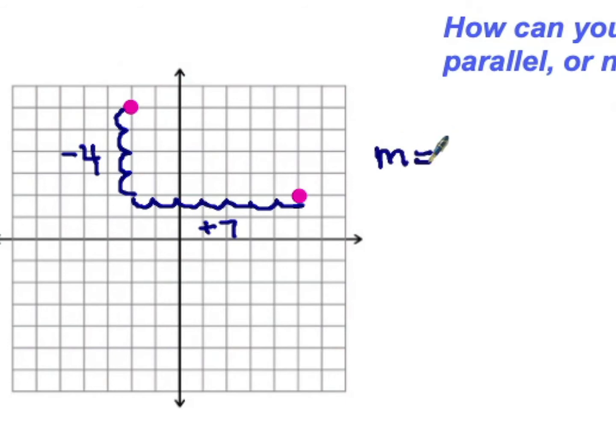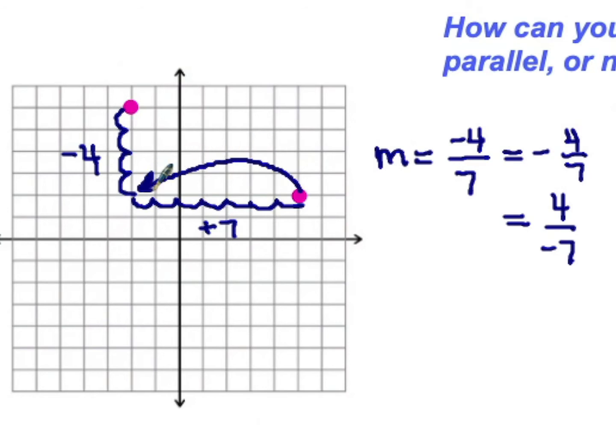So I could say that my slope is down 4, right 7. I could always write that as -4/7, or some people would even write that as 4 over -7, thinking of that as actually a left 7 and an up 4. The moral of the story is it doesn't matter where the negative sign is positioned.